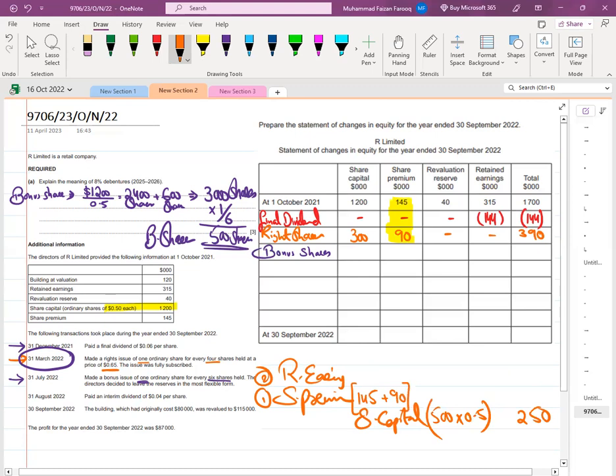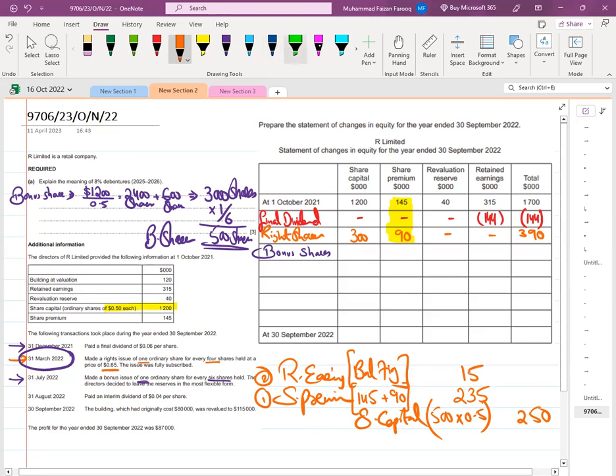So how much? 235. So the premium available is only 235. So out of 250, 235 is going to be taken from premium, and we know the balancing figure will go from retained earnings, which is I guess 15.